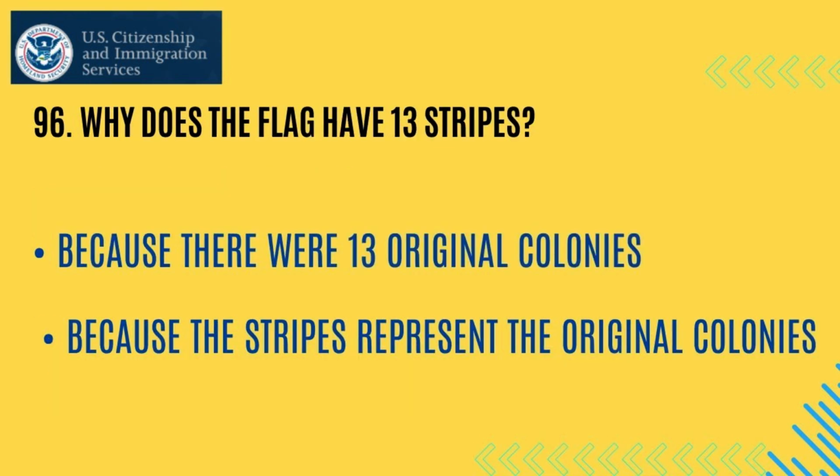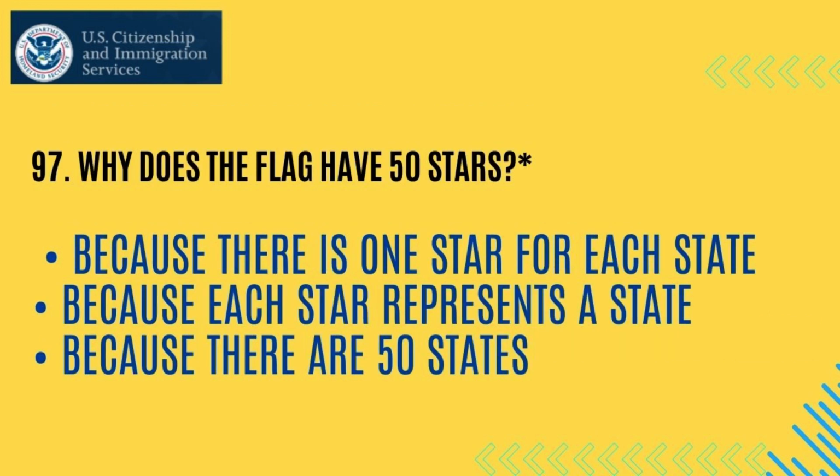96. Why does the flag have 13 stripes? Because there were 13 original colonies. Because the stripes represent the original colonies. 97.